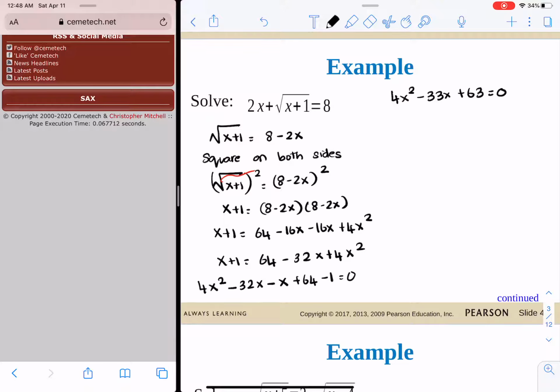So we have to see if we can factor this. We can factor this expression. So we could have negative 21x and negative 12x.